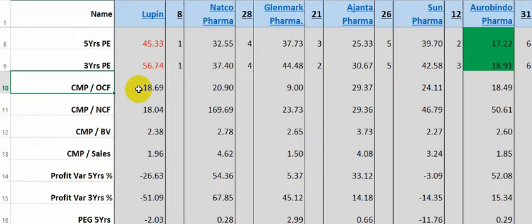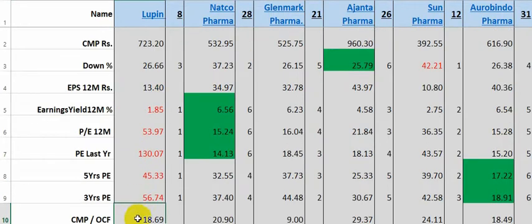As and when the latest 2019 data is available on Screener, I'll come out with another video on the same companies, and we will reanalyze how these ratios have changed over time. So Lupin, cash wise, is very economical at 18 times. For earnings, the price earnings multiple was 53 times, whereas for cash it is available by paying only 18 times.